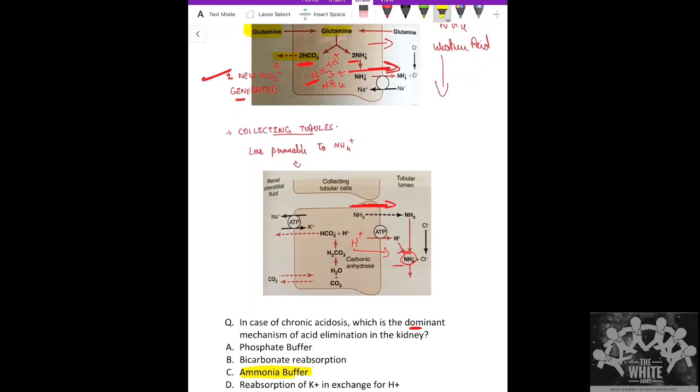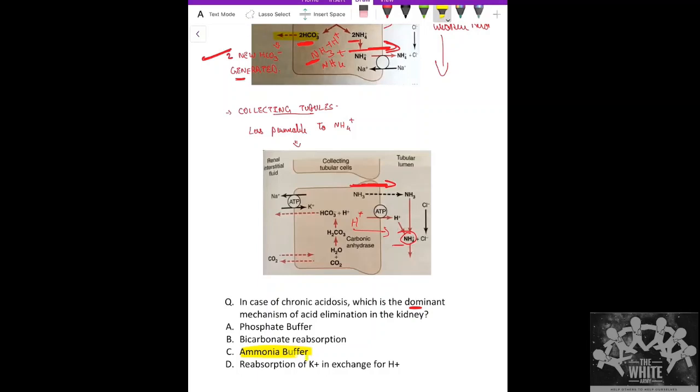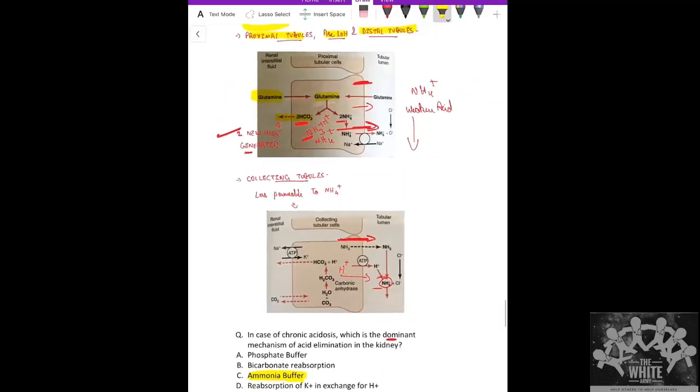It's the ammonia buffer in chronic acidosis because, one, we saw that initially only HCO3 minus gets exhausted after reabsorption of all HCO3 minus. After this, the phosphate buffer comes into the picture, but this phosphate buffer as well will get exhausted, whatever has come through the tubular lumen.